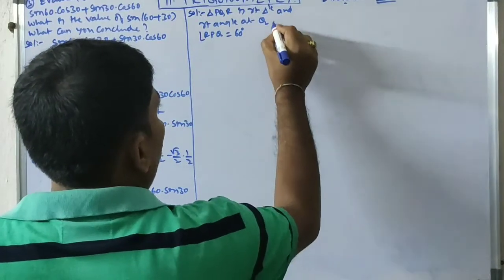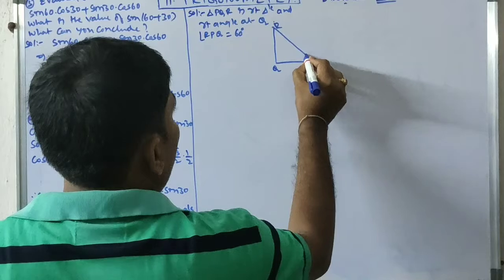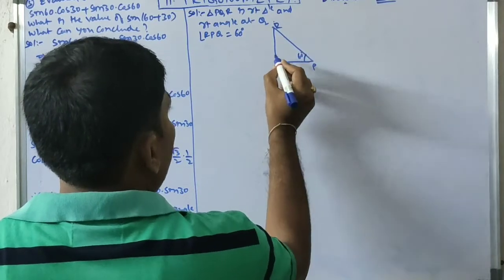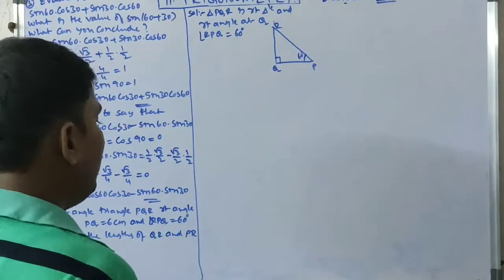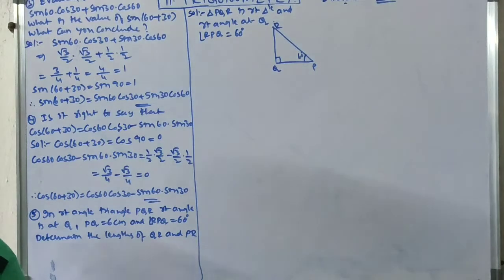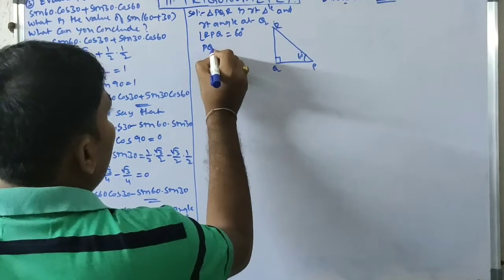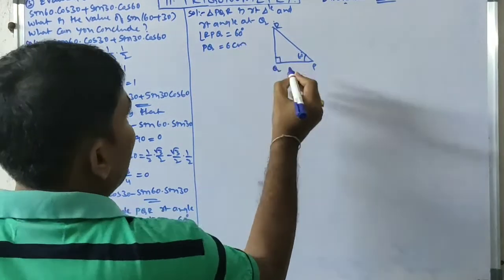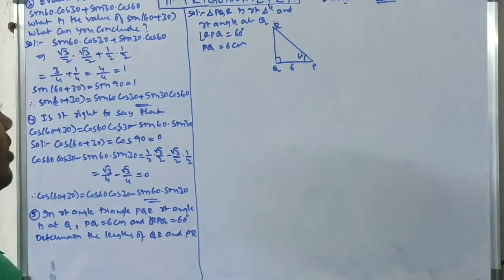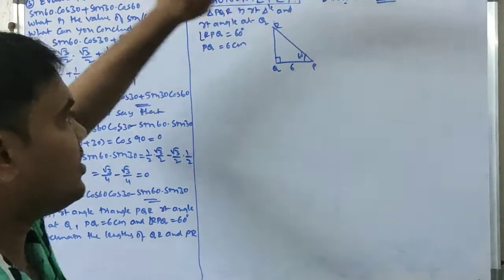Angle QRP is equal to 60 degrees. Next, this is a right angle triangle, PQ equals 6 centimeters. This one is given. Now we need to find out these two sides.